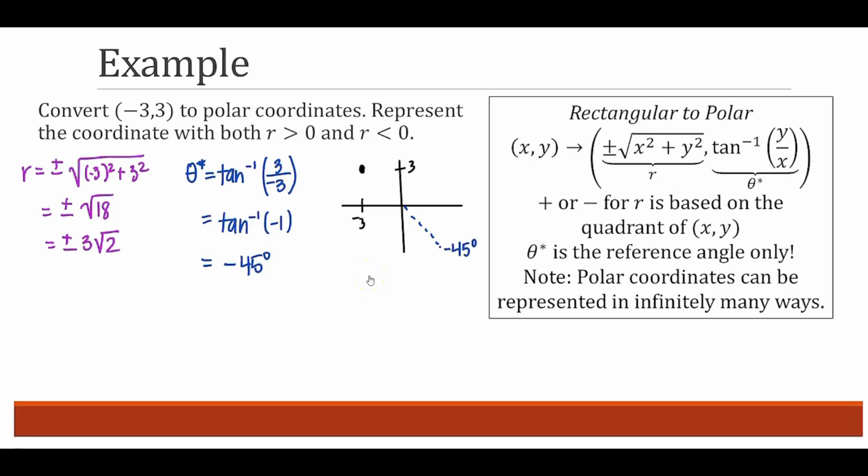So now let's think about how we're going to use this angle and the correct directed distance to navigate someone to this coordinate point. So let's go ahead and start by using -45 degrees.